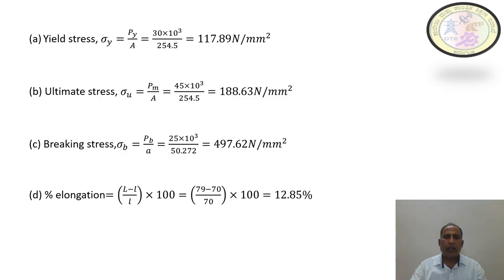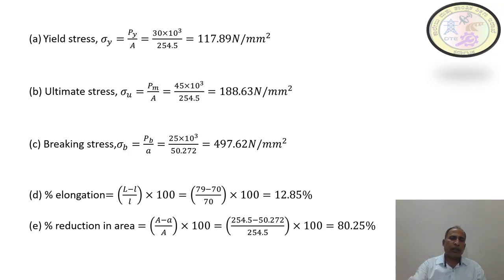It works out to be 12.85%. As the length 70 mm is extended to a length of 79 mm, a length of 9 mm is extended during the period of testing. Therefore the percentage elongation over the gauge length, or the original length, will be 12.85%.